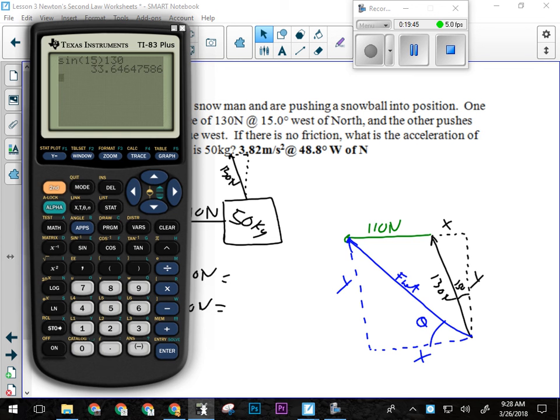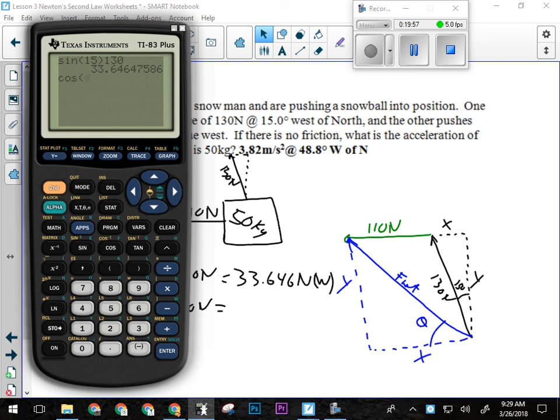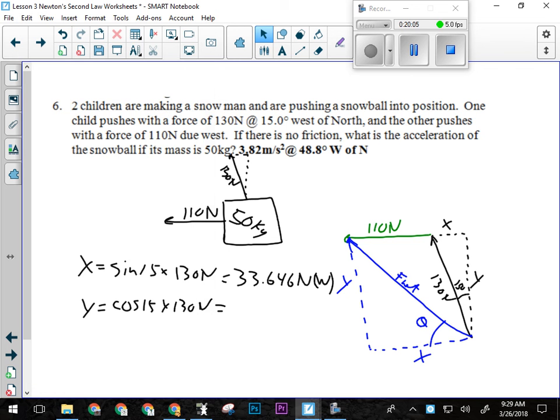So that's 33.646 newtons, and that is west. Then cos of 15 times 130 is 125.57 newtons, and that'll be north.